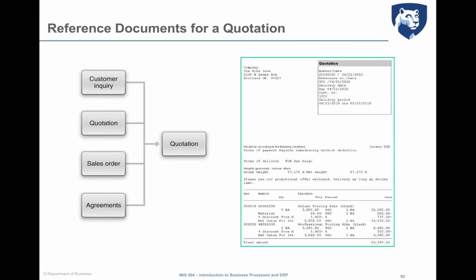Then, in order to answer a customer inquiry, we need to realize the quotation. As we already said, the quotation is a binding agreement to sell the customer a specific product under stated and clear delivery and pricing conditions. I don't know how familiar you are with this stuff, but a quotation usually has a time limit.